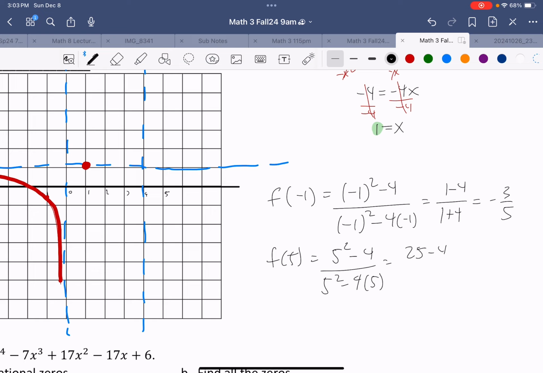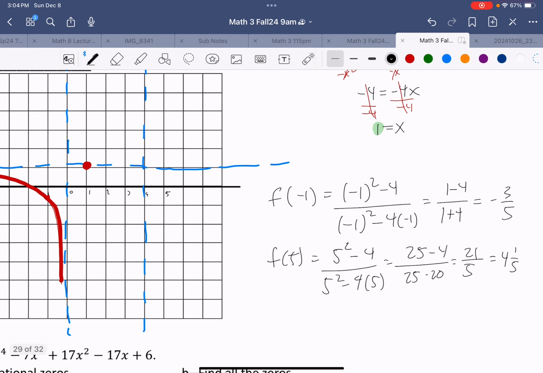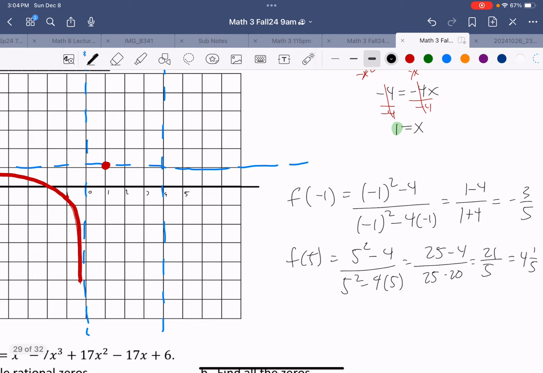It's 25 minus 4, and then 25 minus 20, which is equal to 21 over 5. 5 goes into 21 4 times with a remainder of 1, right? 5, 10, 15, 20, 4 times, and then 1/5. So at 5, the number is going to go up to 4 and 1/5.